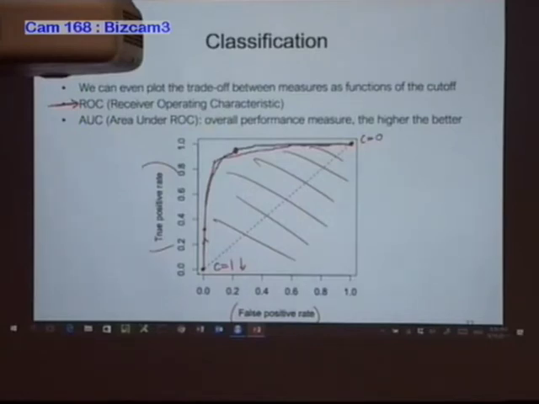Because sometimes this is better, sometimes this is better, depending on your cutoff, right? If you have a clear understanding about the cutoff, you shouldn't use that. But very often, in most data competitions, they don't have a definition of the cost. They just do it this way.